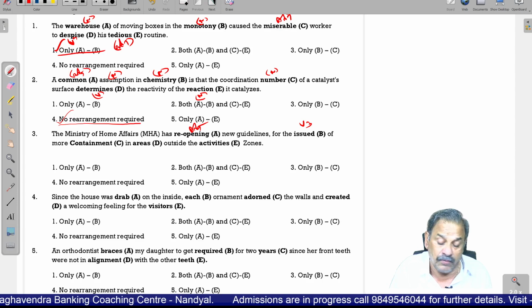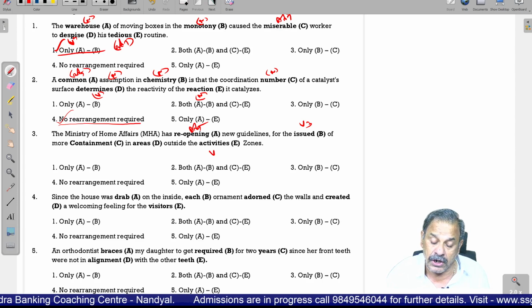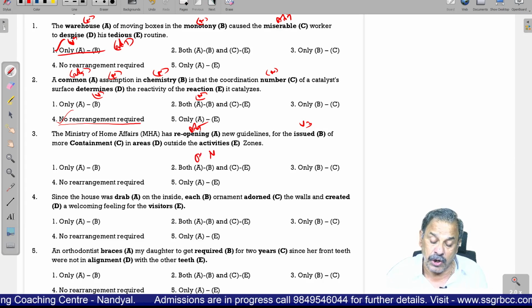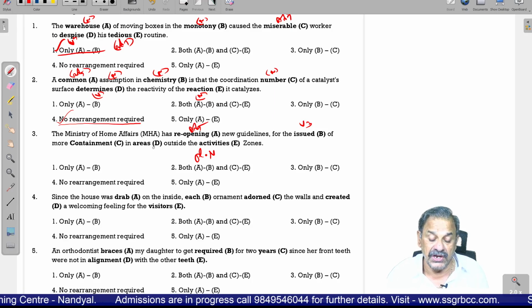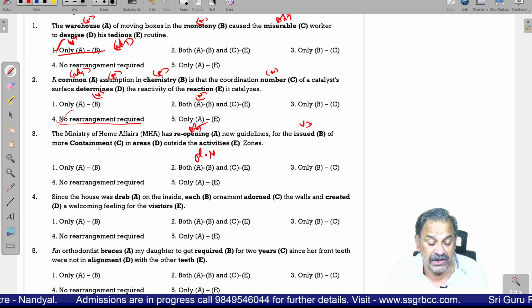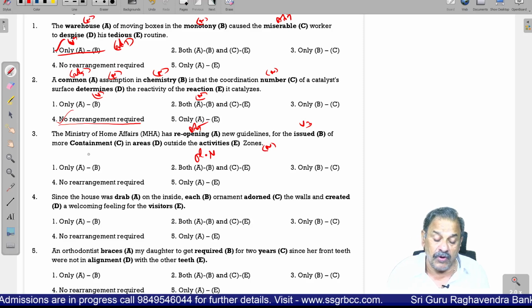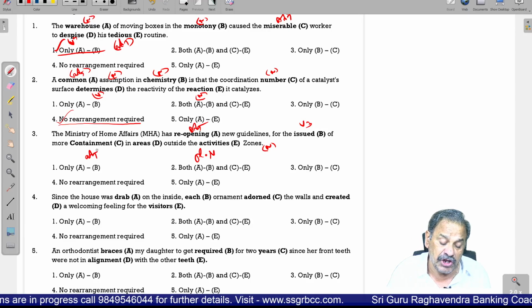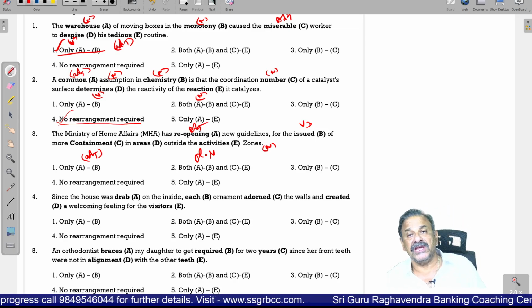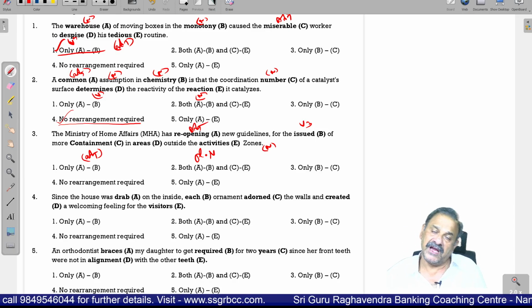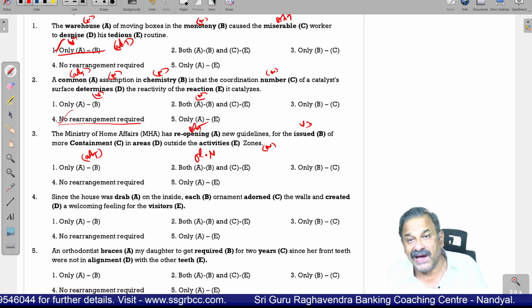More, after more we have to use plural noun. Activities in areas, where in areas outside the containment zones. Zones noun, its modifier containment is adjective. Any word ended with ent, ant may be treated as adjective or noun as per the context.